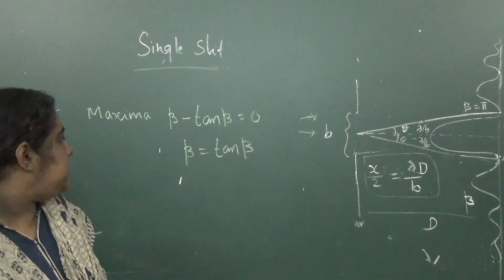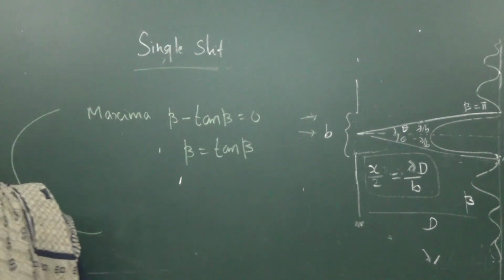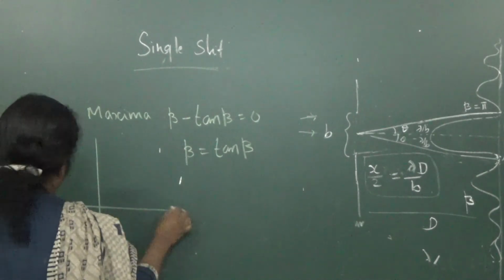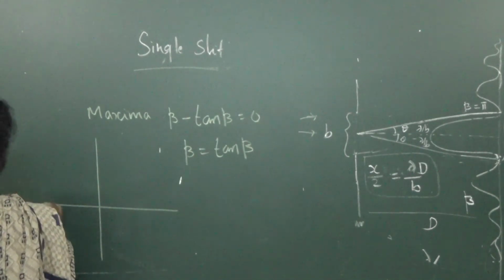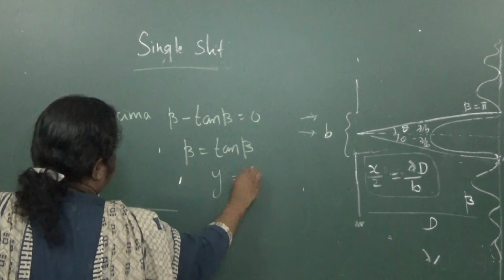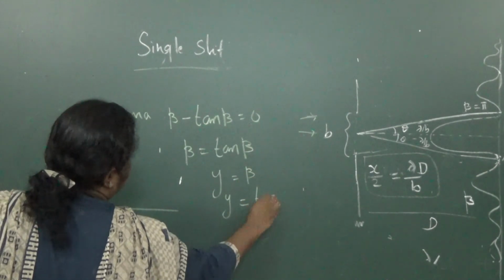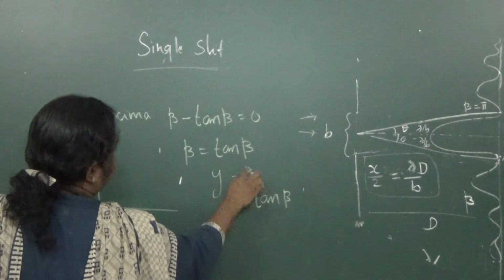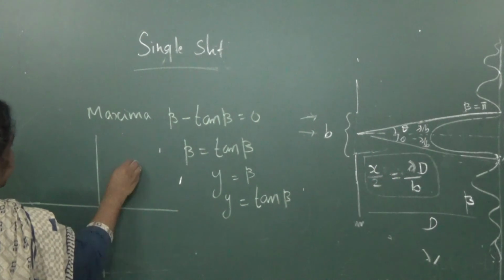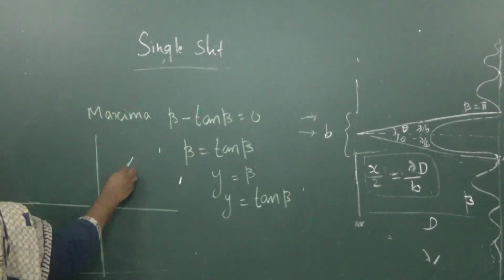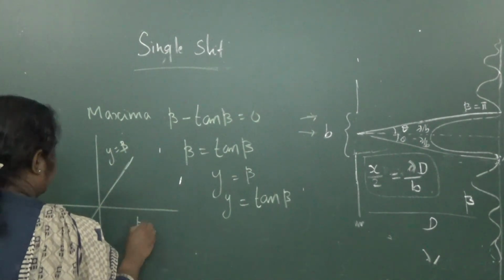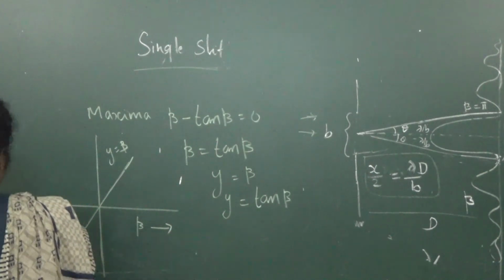That means if I draw the graph of y is equal to beta and y is equal to tan beta, the meeting point will give you the condition for maxima. So the y is equal to beta graph is this; this is our y.